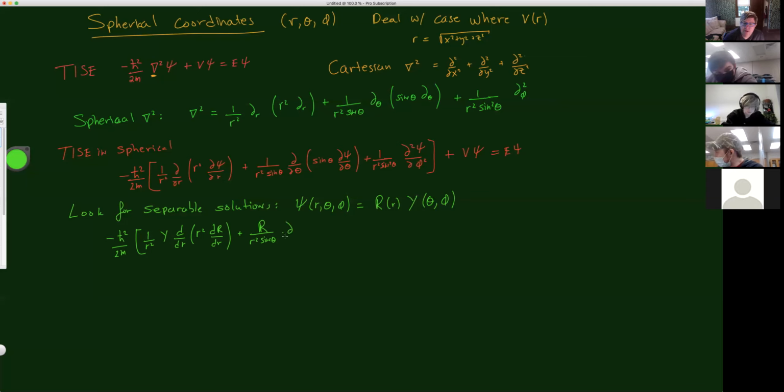So we're going to do partial theta, and then sine theta, and then partial Y, partial theta, and then plus 1 over r squared sine squared theta, and that's going to have now the R on the outside again, and then partial squared Y, partial phi squared, and then plus V R Y.